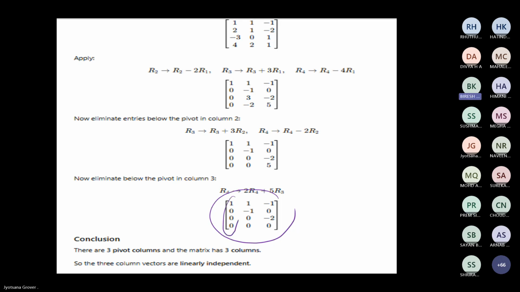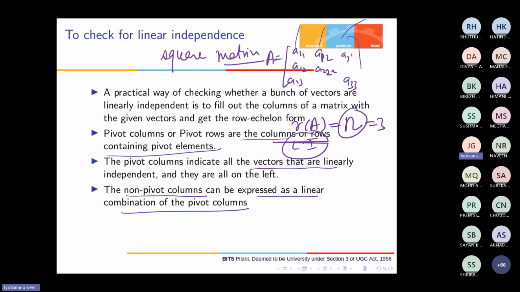There are 3 pivot columns. This is pivot column 1 because it contains the leading entry of the first row. This is pivot column 2, it contains the leading entry of row 2. This is pivot column 3 because it contains the leading entry of row 3. And we have said that all pivot columns are linearly independent.